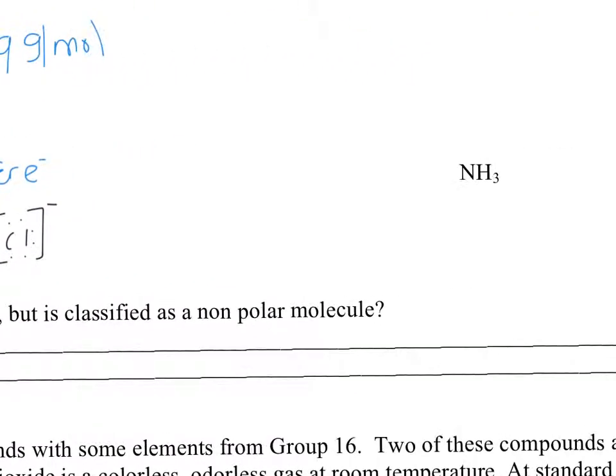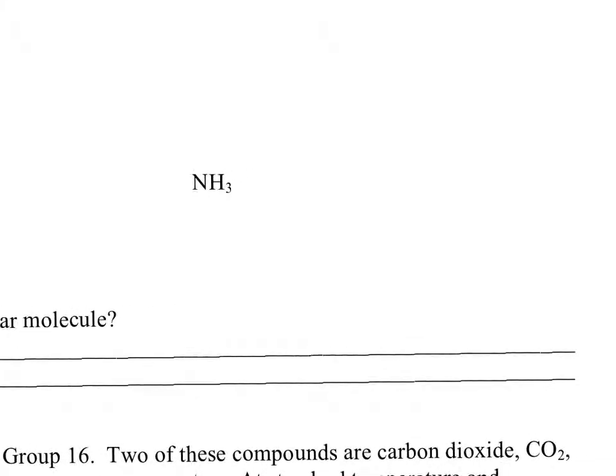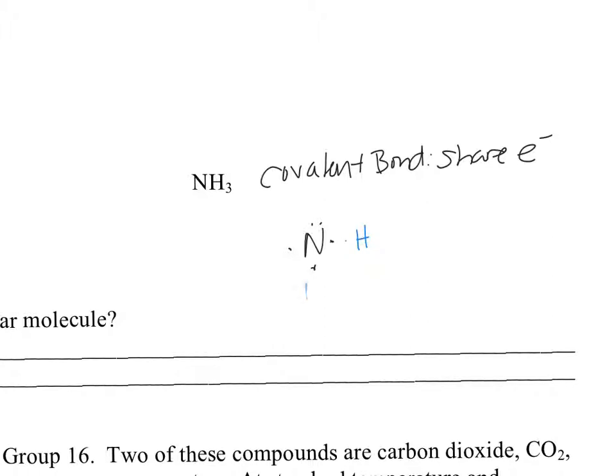And now if we go over to NH3, we are going to see that this is a covalent bond, which means we share electrons. And so I'm going to draw my N, which has 1, 2, 3, 4, 5 valence electrons. And then I'm going to draw my H's around it with 1 each.